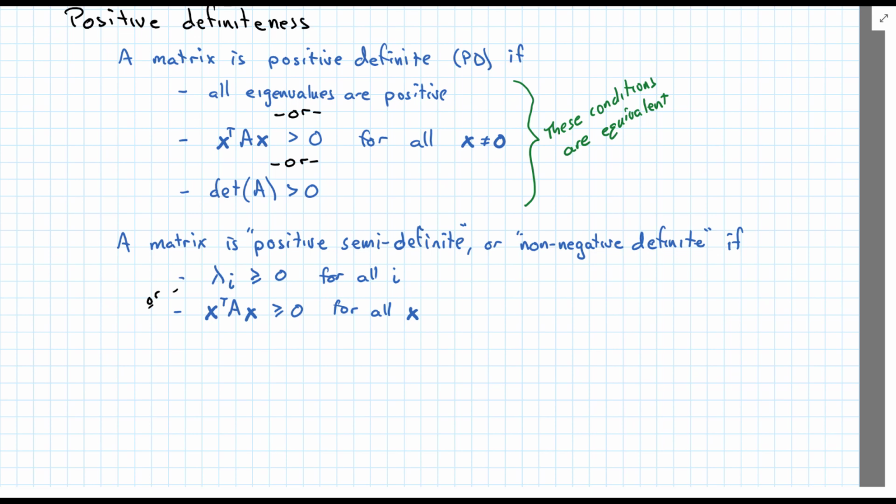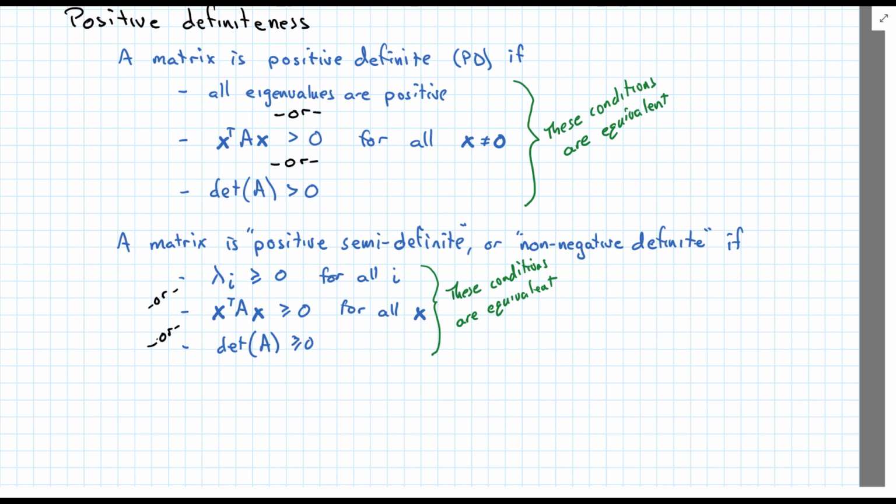Likewise, x transpose Ax is greater than or equal to 0 for all x not equal to 0. And the determinant has to be greater than or equal to 0. As above, all of these conditions are equivalent.